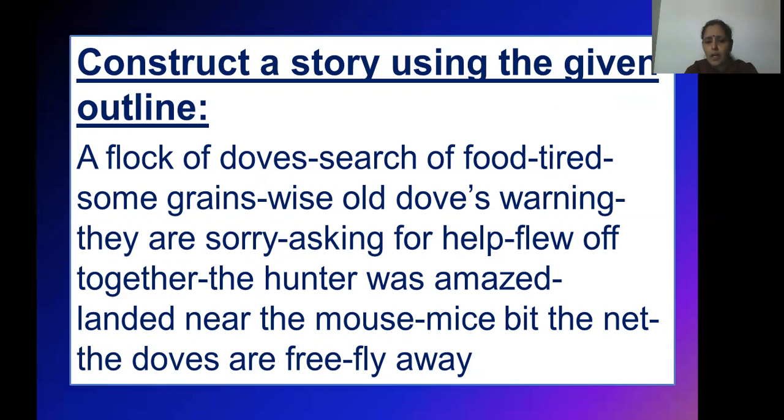So, what can you make out? Who all are the characters here? A flock of doves. That means a group of doves together is called a flock, right? Then there's a hunter here. There is a wise old dove, right? Some grains. There's a mouse.